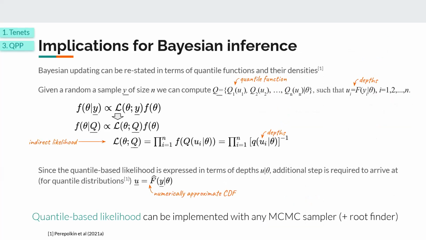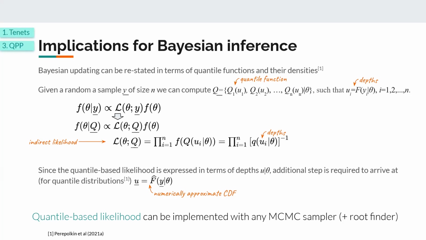One of the properties that we used in our papers is the fact that the likelihood for the Bayesian inference can be defined in terms of the quantile function. There are these substitutions that you can make instead of the observations y. You can substitute the quantile function of the depth u sub i, and then the likelihood can be completely expressed in terms of these intermediate depths u that represent observations.